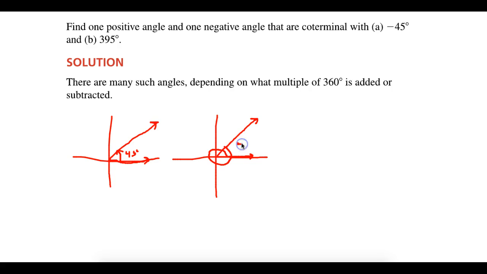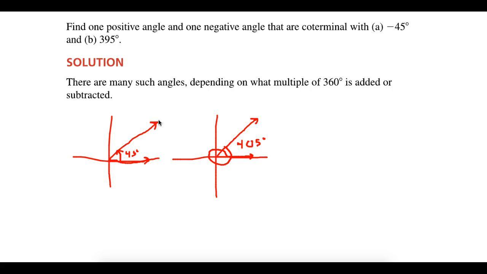So we draw our terminal side out here. This is 405. Now, if you look at both of these angles, their terminal sides are in the exact same position. In fact, if we graphed these both on the same plane, you would see that these terminal sides overlapped. That's what's called coterminal angles.